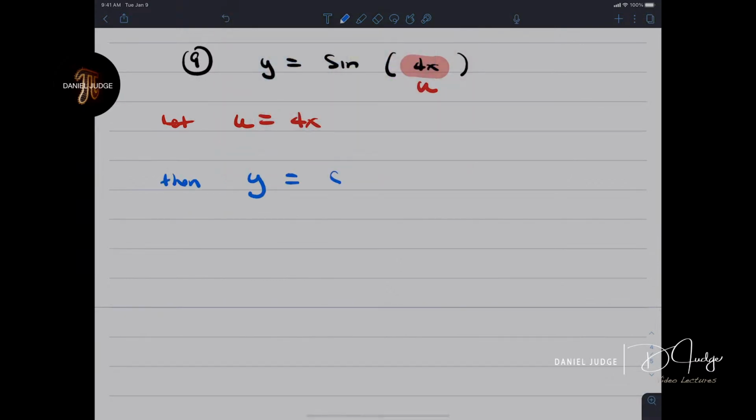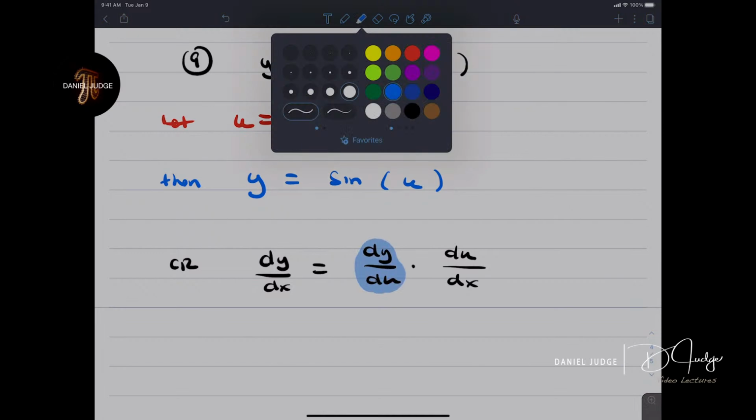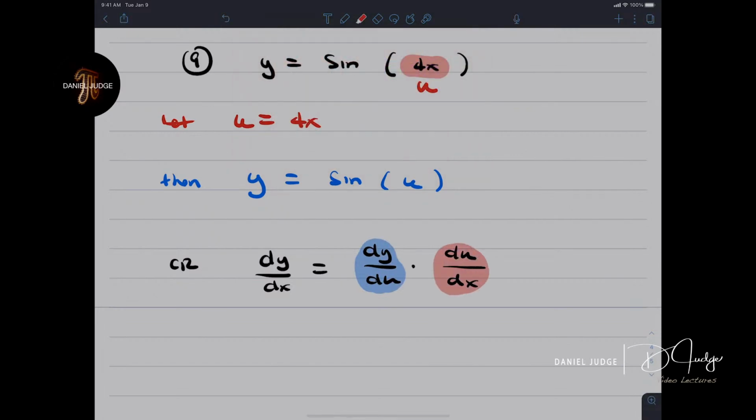Then y becomes sine of u. Okay, and then by chain rule, we need dy du in blue, du dx in red.